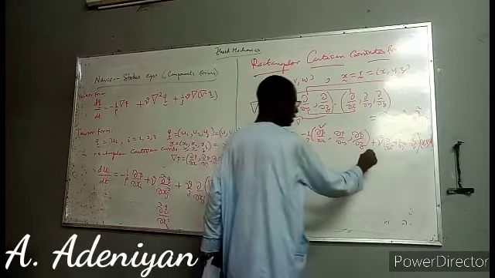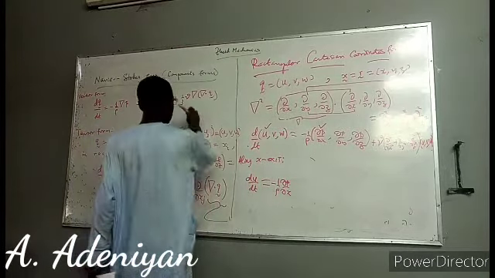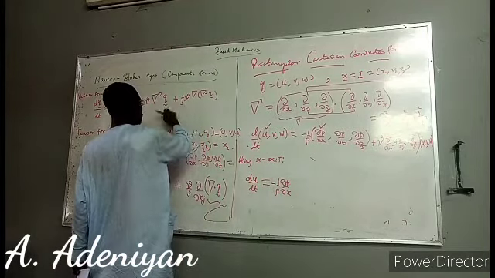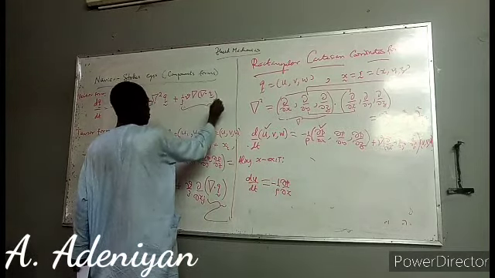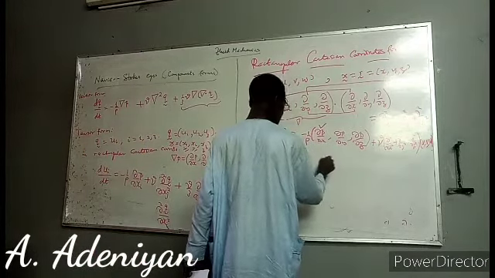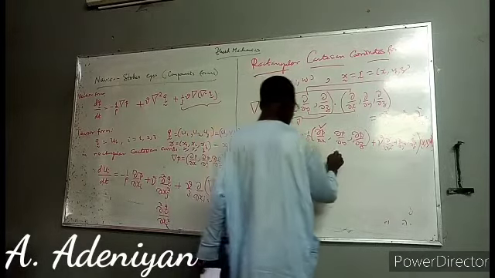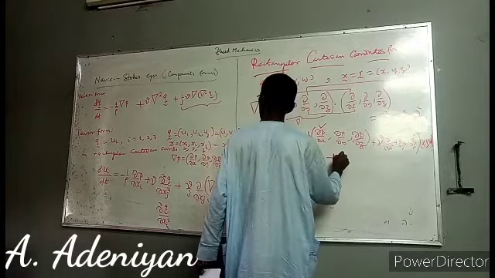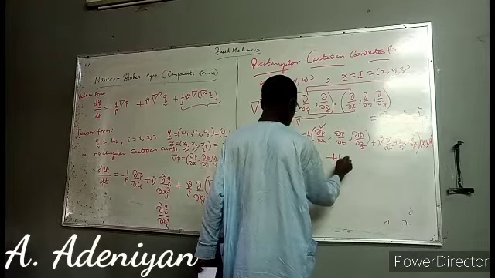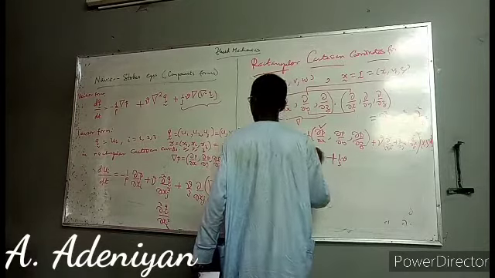When I got to this stage, I forgot to write this term. I stop here. I forgot to put this, so I have to add it to this expression. That is plus 1/3 mu. Of course, we have already done this before.